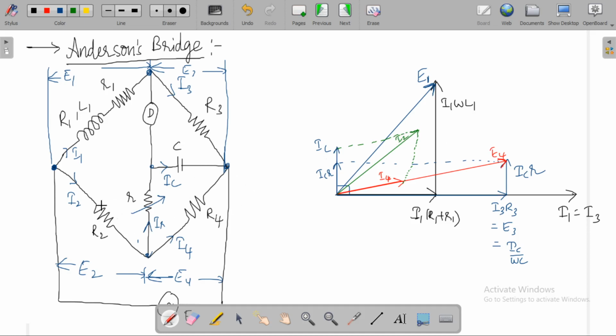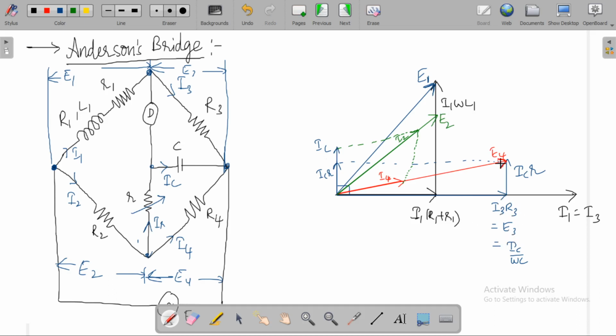How can I draw E2? E2 will be in phase with I2, because this is a resistor. Current and voltage will be in phase. So now I can draw E2 like this.